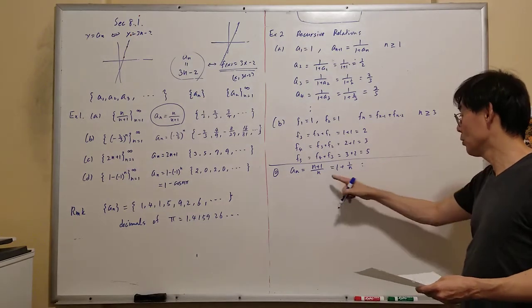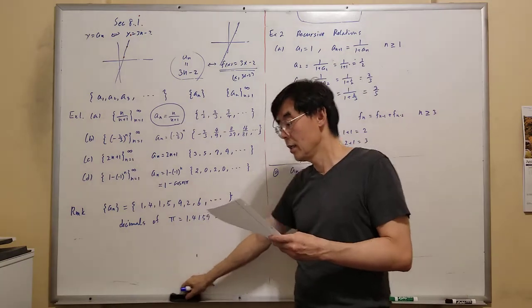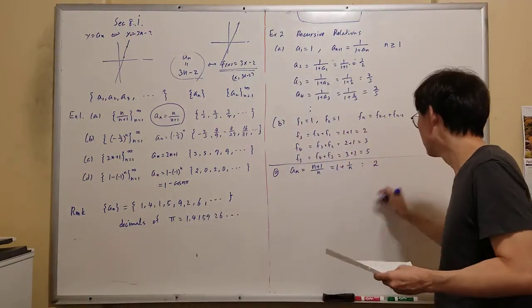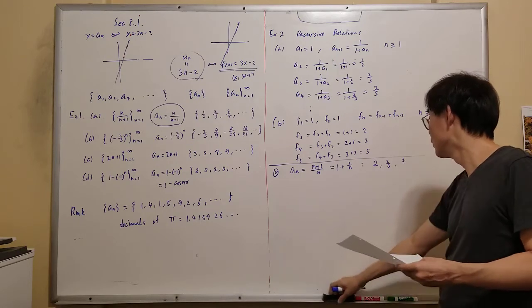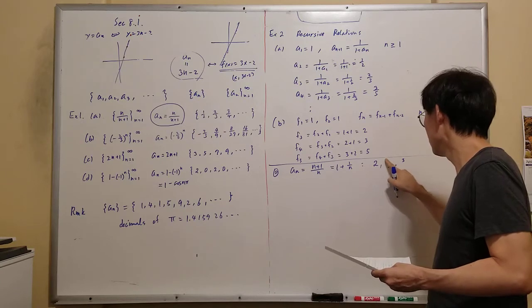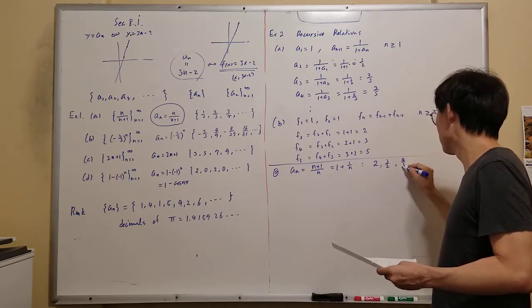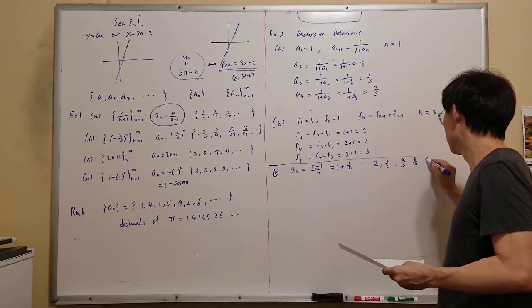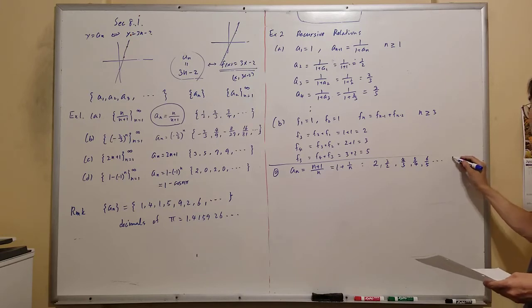So that would be, for n equals 1, 2, then 3 over 2, 4 over 3, 5 over 4, 6 over 5. Right? 101 over 100. Keep going.